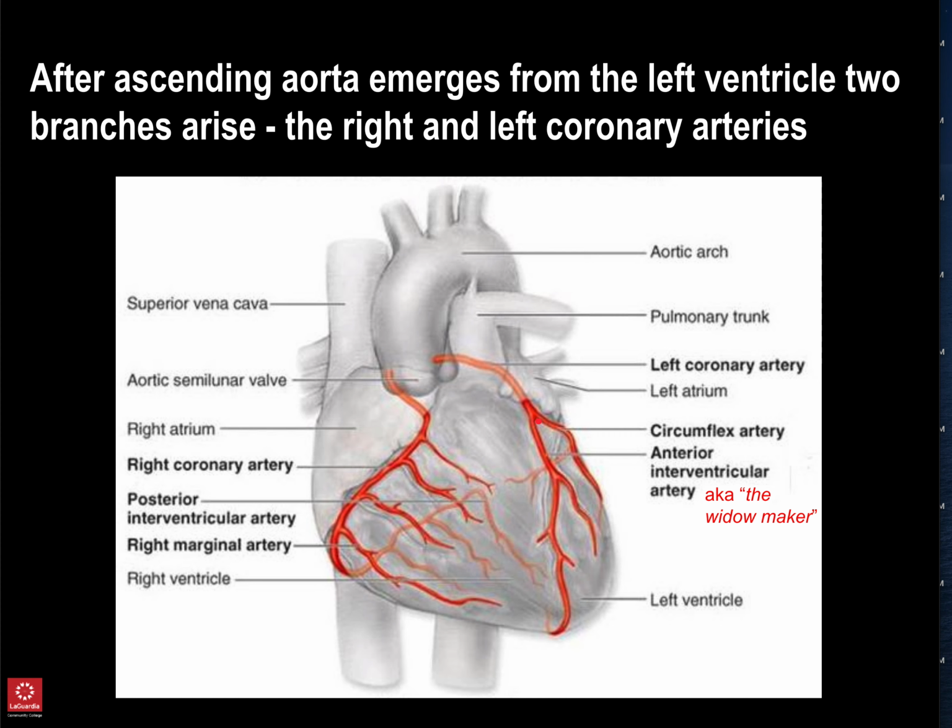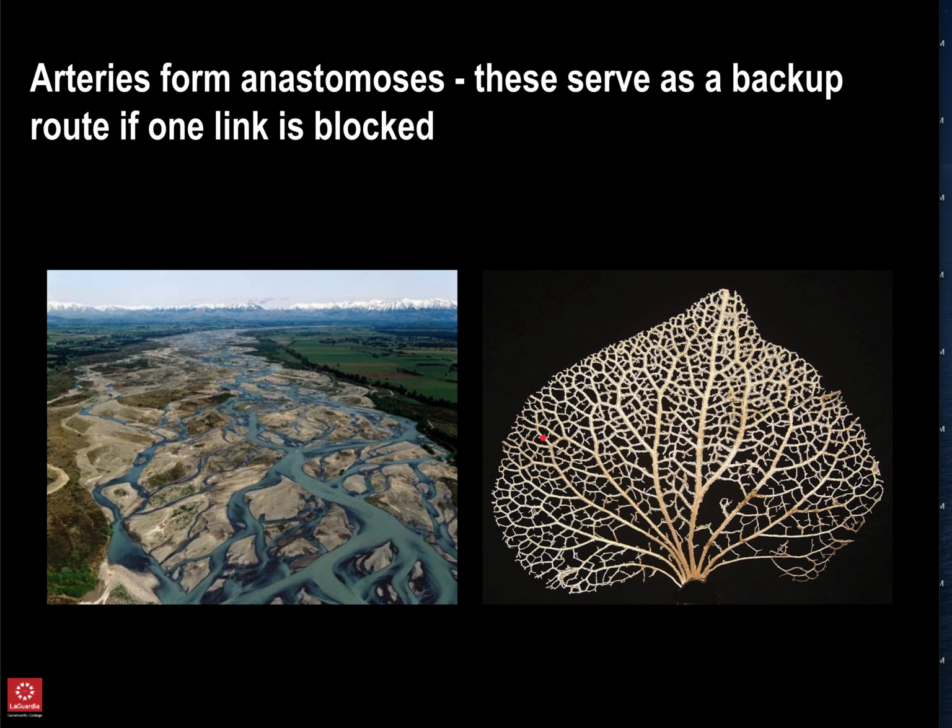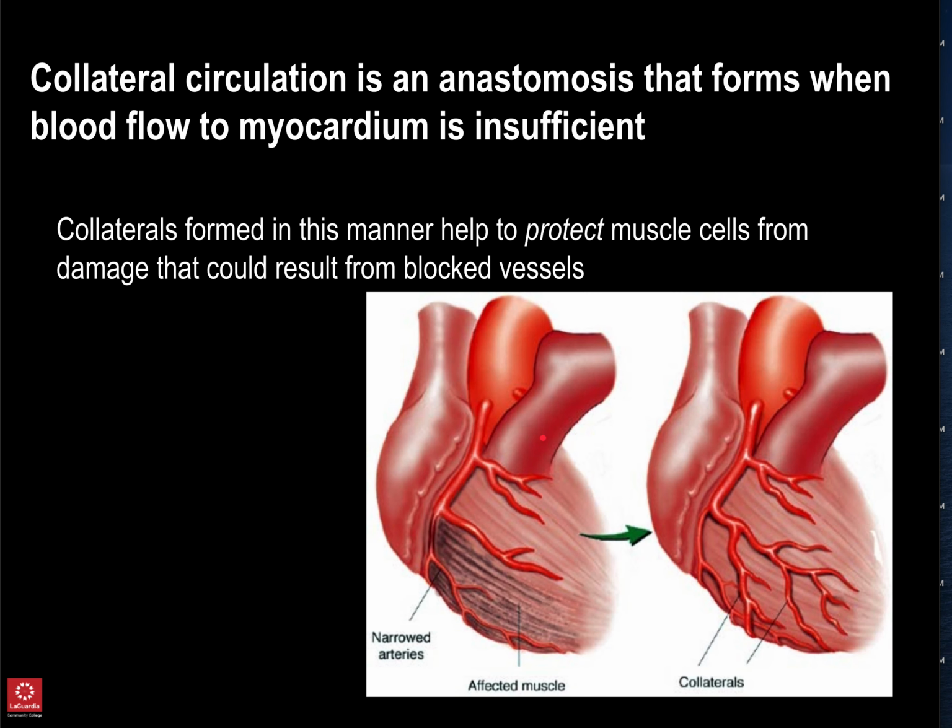And this can lead to a heart attack, obviously, and we'll talk more about that in a second. So this term, anastomosis, it's actually a term that's used throughout science. So when we're talking about how a river at some points comes apart and comes back together, or we're talking about the structure of anastomoses we see in a leaf, we use this term as well.